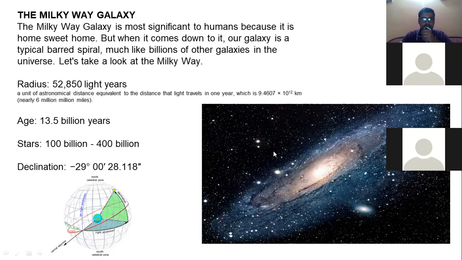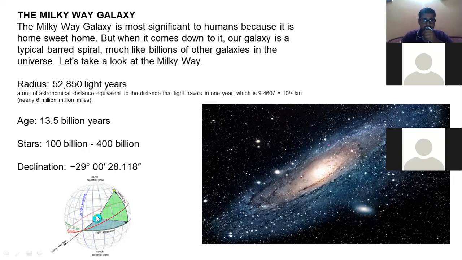The declination of this Milky Way Galaxy is minus 29 degrees for its latitude, and 28.118 for its longitude. Declination is basically the tilt or rotation of the orbit.